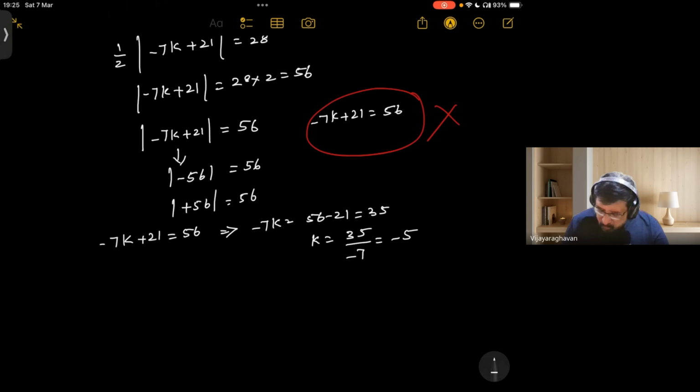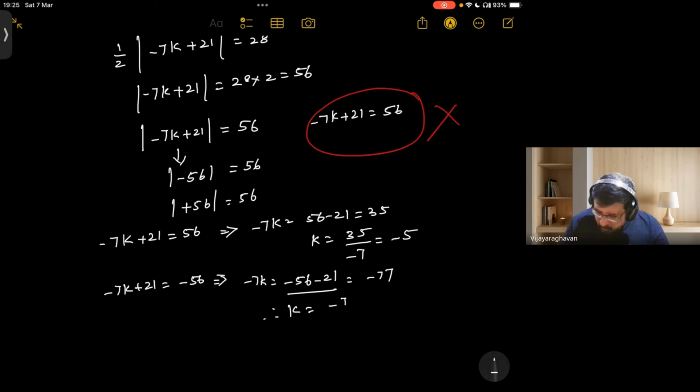This is one value. Another value is minus 7k plus 21 equals minus 56. This implies minus 7k equals minus 56 minus 21, which is equal to minus 77. Therefore, k equals minus 77 over minus 7, which is equal to 11.